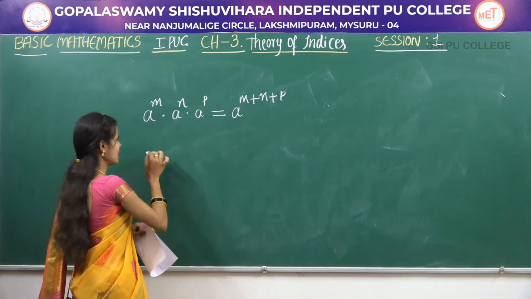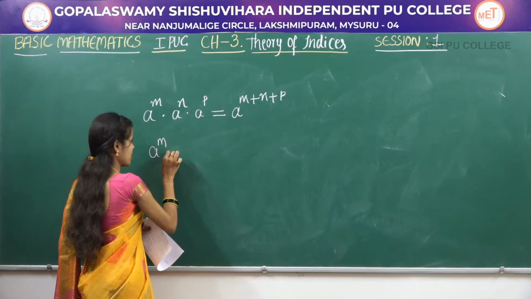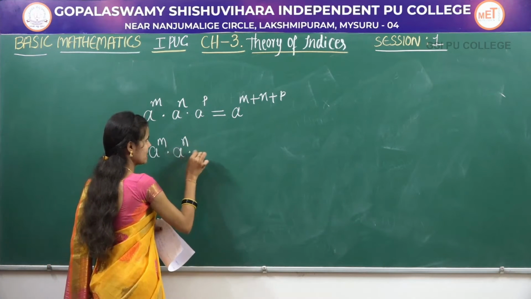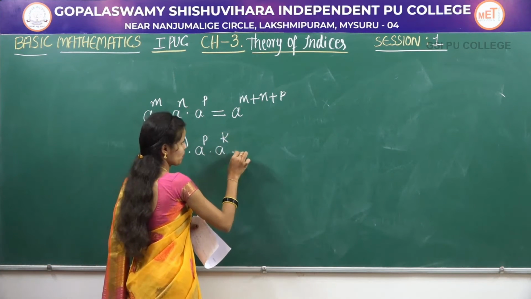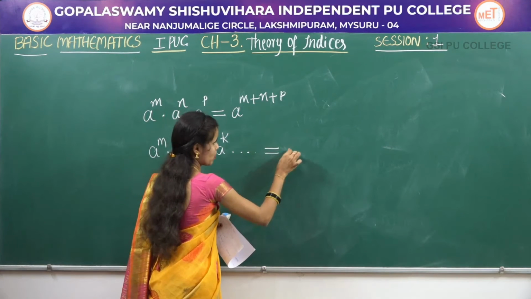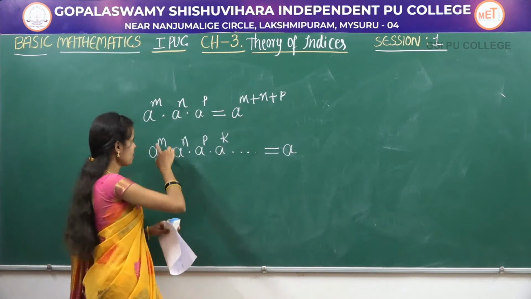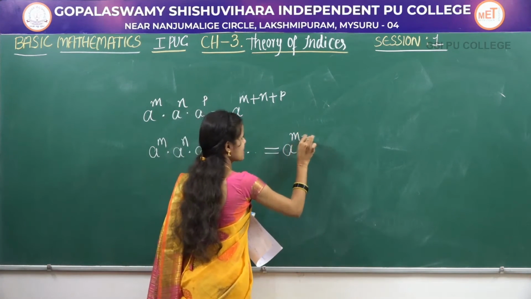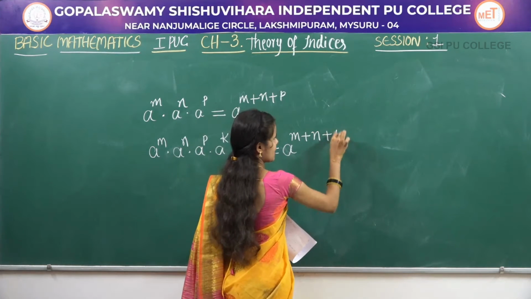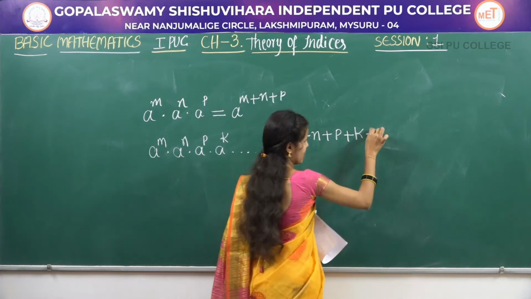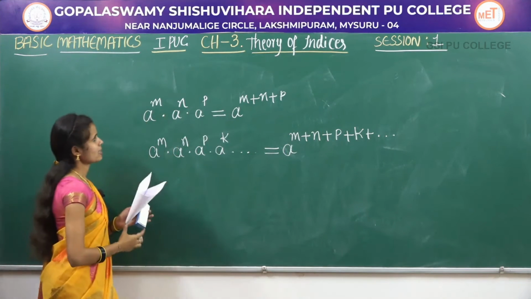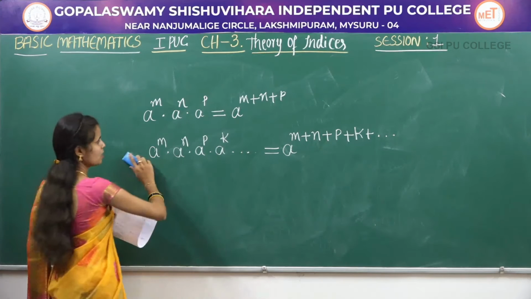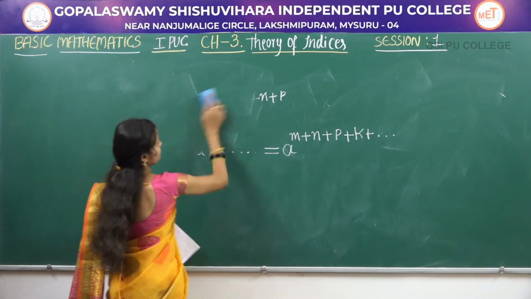So in general, a to the power of m into a to the power of n into a to the power of p into a to the power of k, etc. is equal to a to the power of m plus n plus p plus k plus etc. Okay. Next, let us derive the second law of exponents.